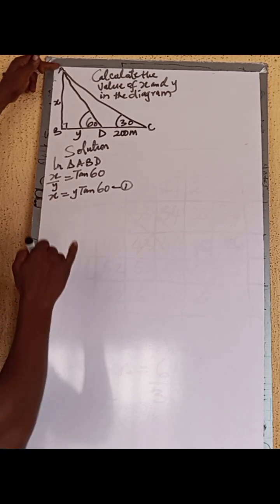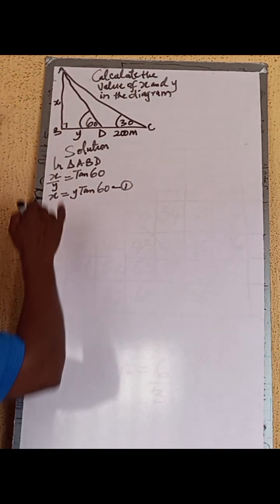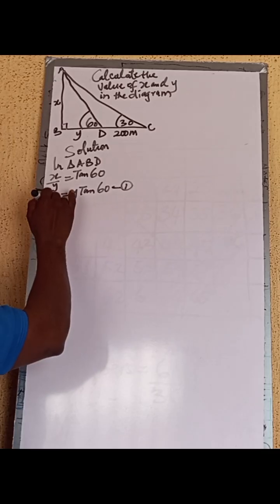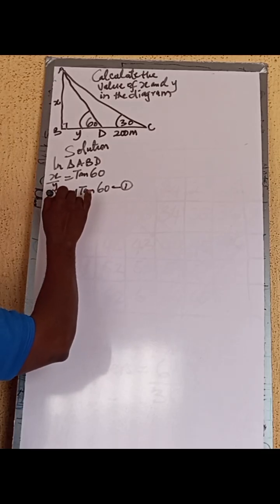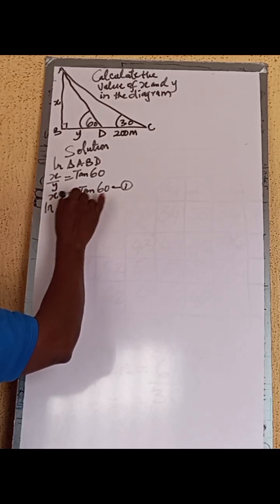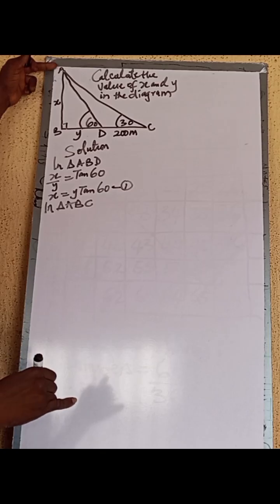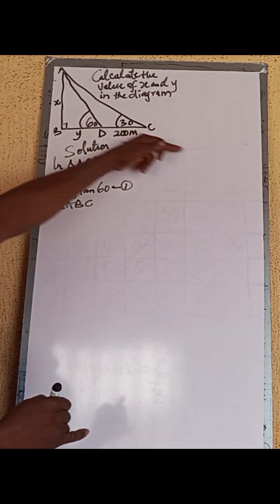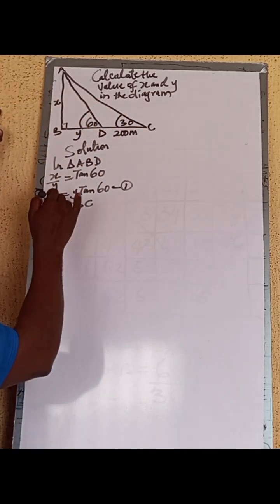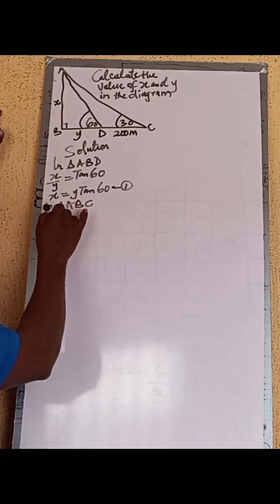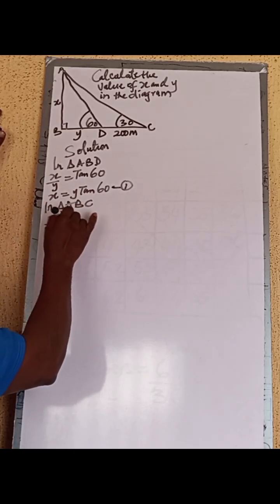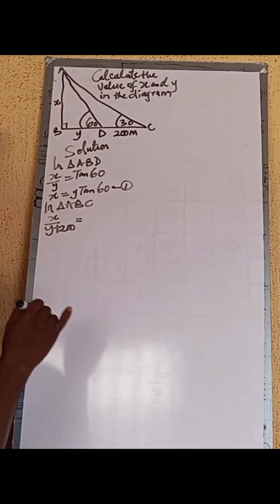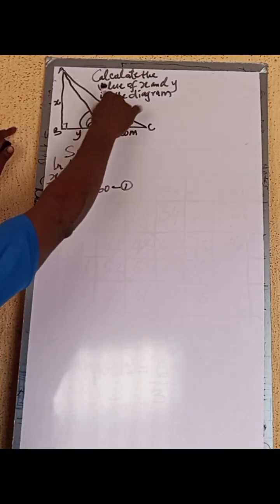Then in the big triangle ABC, you now see that opposite, which is our x, over adjacent is tan 30. So that is x over y plus 200 is equal to tan 30.